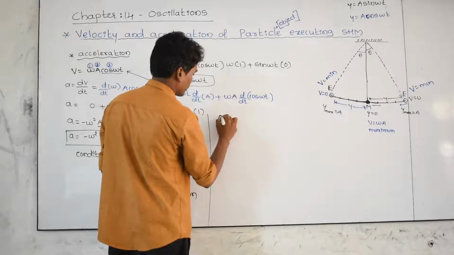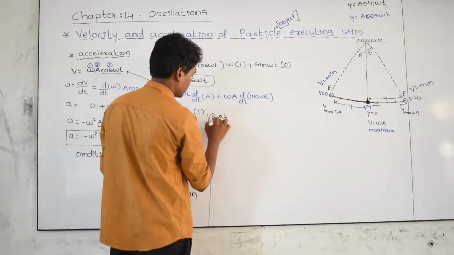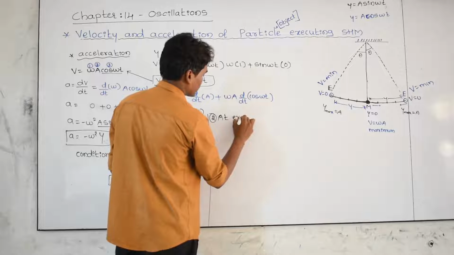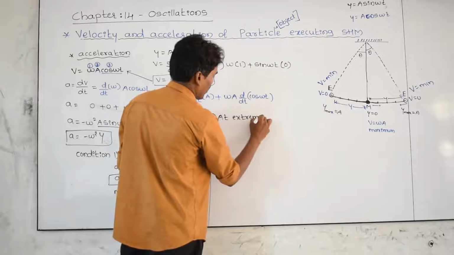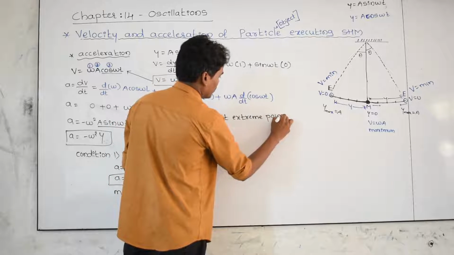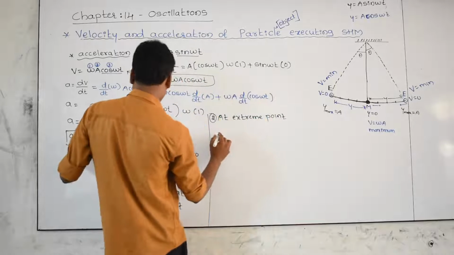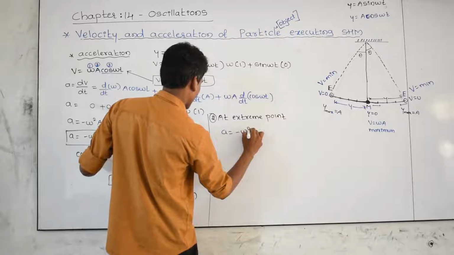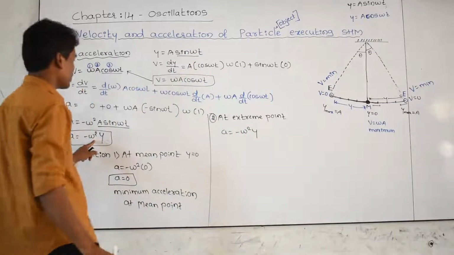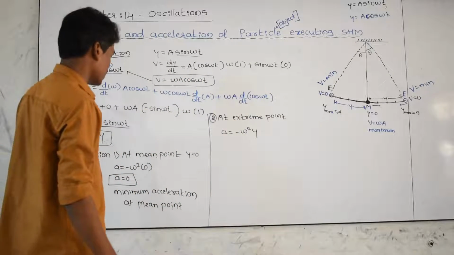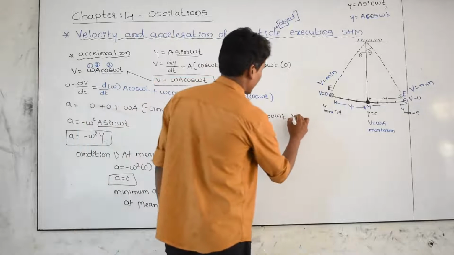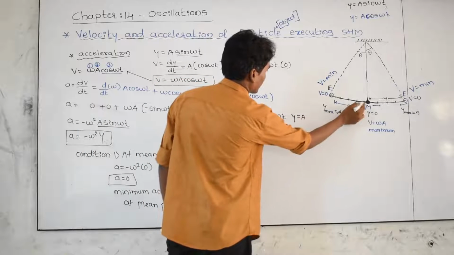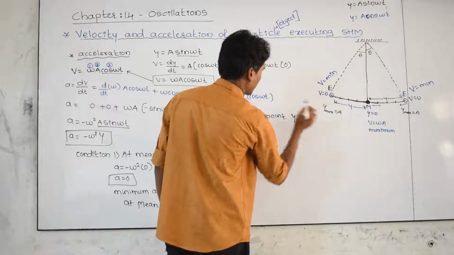At the extreme point. Second condition, at the extreme point. Again take this formula, a is equal to minus omega square into y. At the extreme point y is equal to A, the maximum displacement.